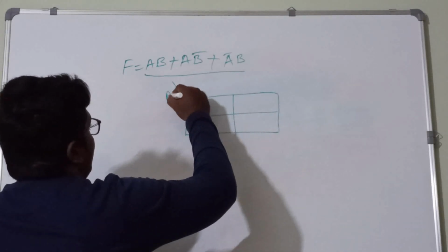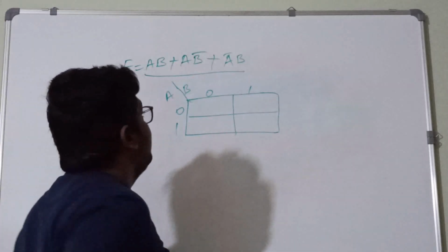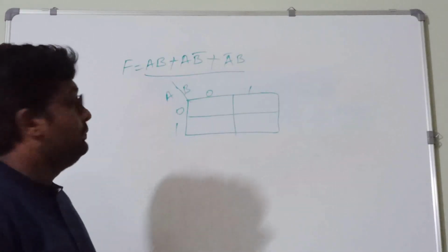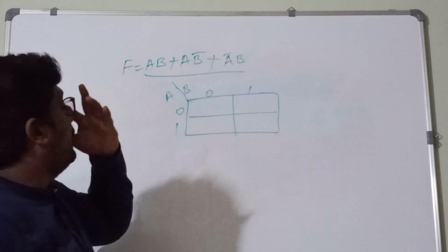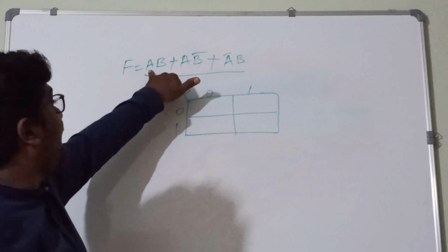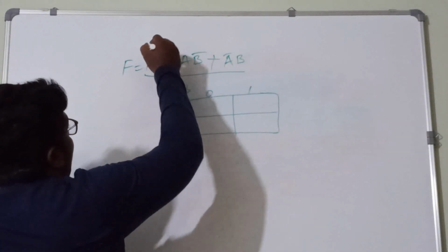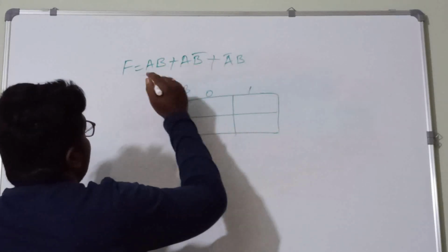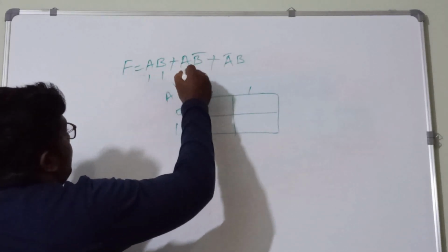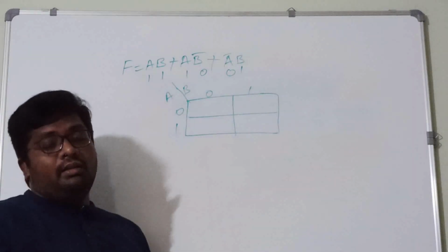We have only 2 variables A and B, 0, 1 and 0, 1. Here A means the value will be 1, so I will represent it here. This is 1, 1, 1, 0, 0, 1.